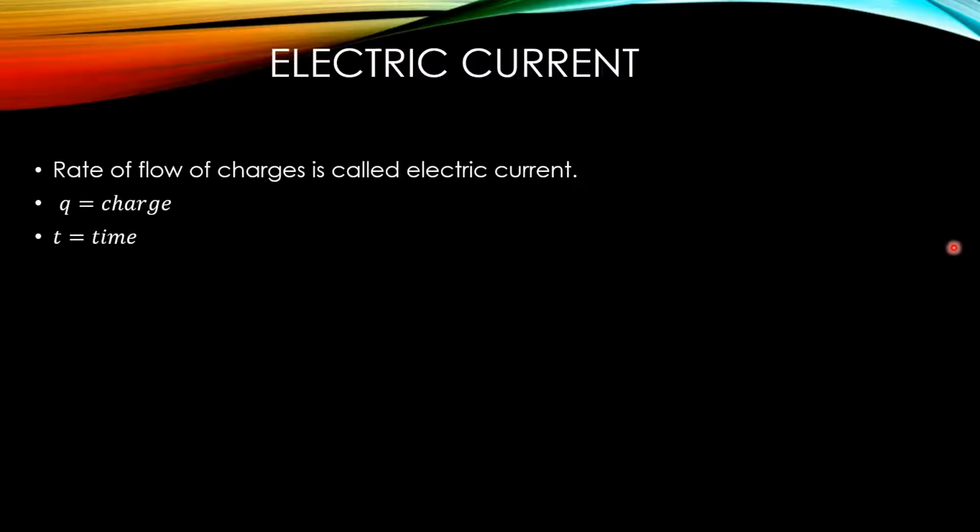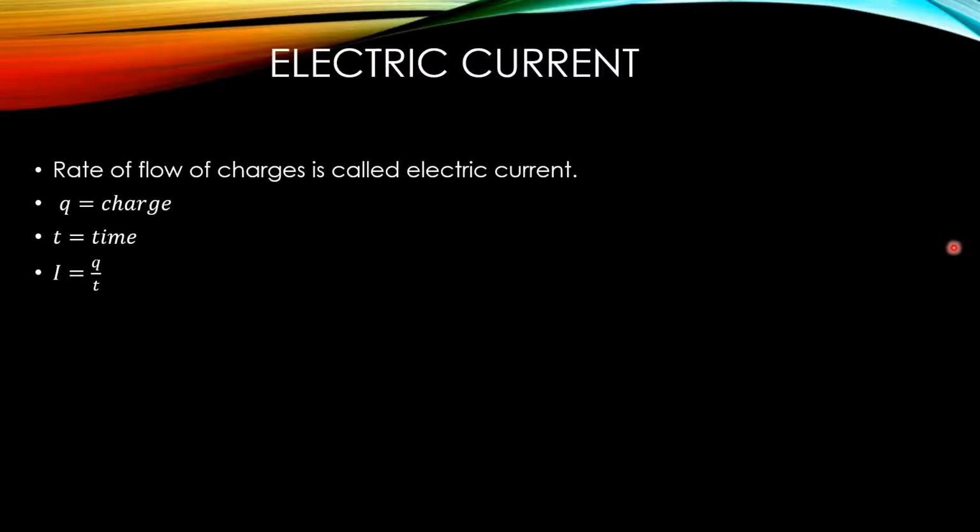Suppose Q charges are flowing in time t. In that case, current I is equal to Q upon t. Rate of flow of charges is known as electric current.